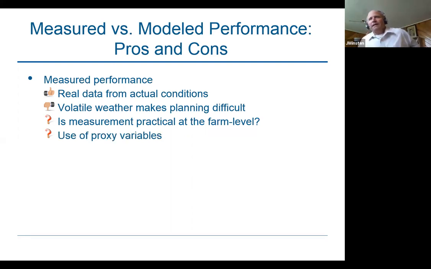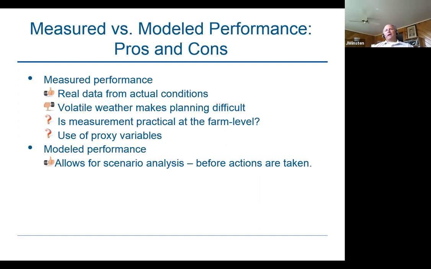And then there's the question, can you use proxy variables? Something that's easier to measure, that's scientifically related to the outcome you achieve. That's possible also. In terms of modeled performance, in my mind, the biggest advantage is that it allows for the analysis of scenarios on a farm and on specific fields before the farmer takes any actions or makes any changes, and that has real advantages for planning purposes.